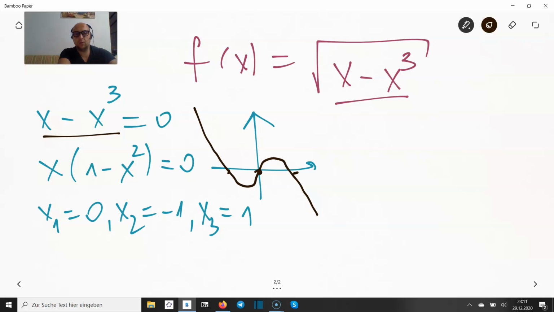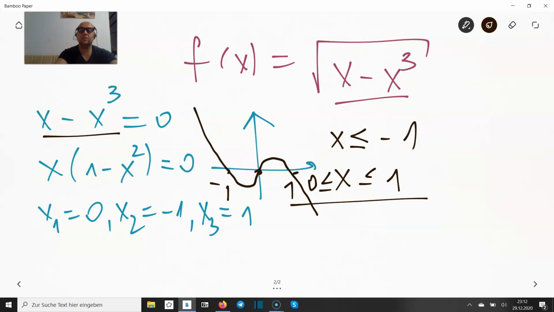And actually we want it to be bigger than or equal to 0. That's minus 1, that's 1. So that means x should be less than or equal to minus 1, or x should be bigger than or equal to 0, but less than or equal to plus 1.